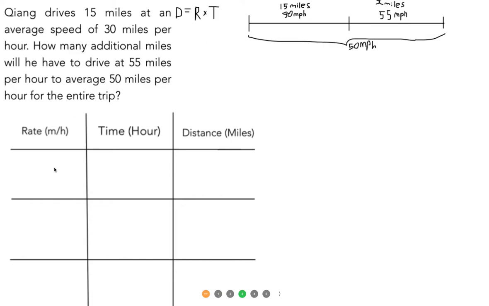And then if we go over to the table, we know that the rate for the first half of his trip was 30 miles per hour. So we can write 30 miles per hour for the first part of his trip.